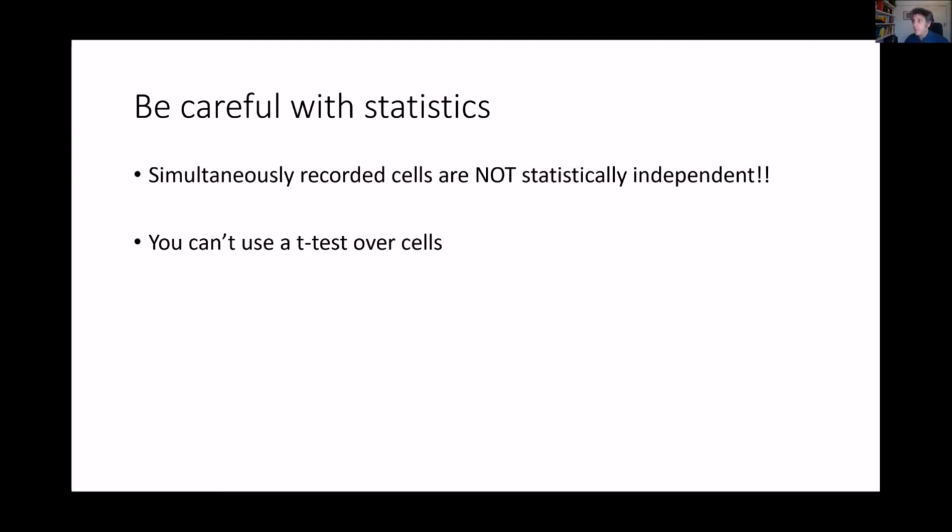So if you measure the firing rate change of one cell in response to the stimulus, you get a number for every cell. Now suppose you want to do a t-test to see whether cells as a whole are excited by the stimulus or not. If you say that every cell is independent, then you will get a false positive result, because the cells were correlated.